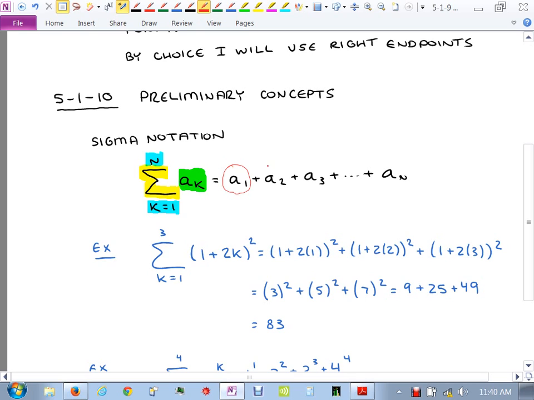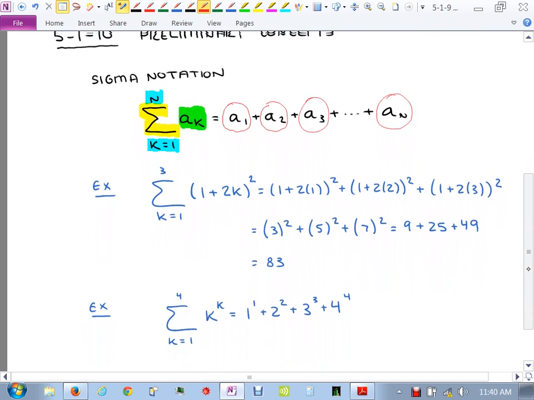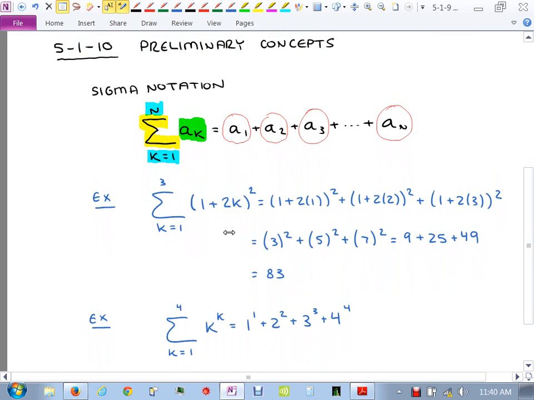So I add to it a sub 2. And then the index goes up again to 3. And then the index keeps going, dot, dot, dot. You keep adding things up until you stop and you get to the n, whatever that n might be. So I have an example here in blue. If I say, find the sum from k equals 1 to 3 of this expression here.